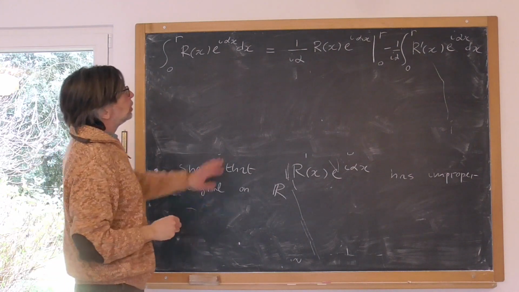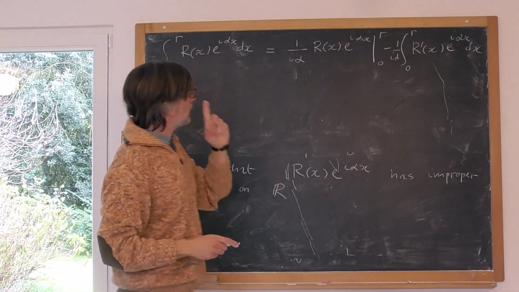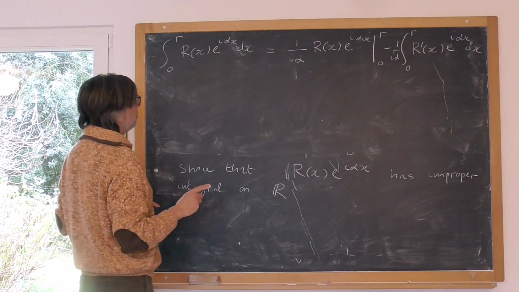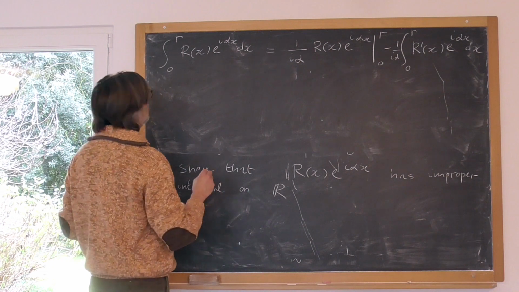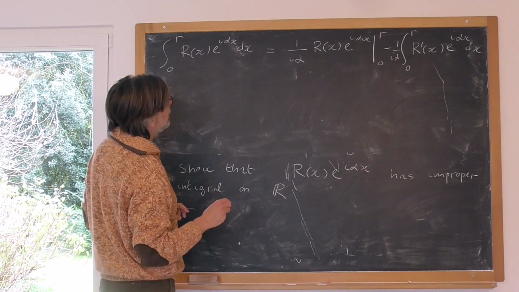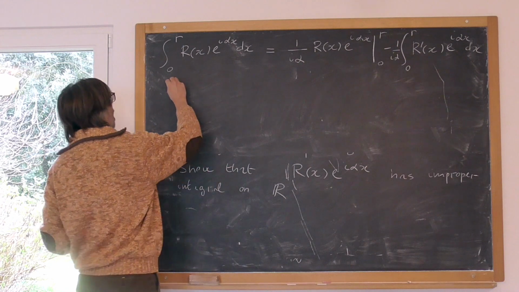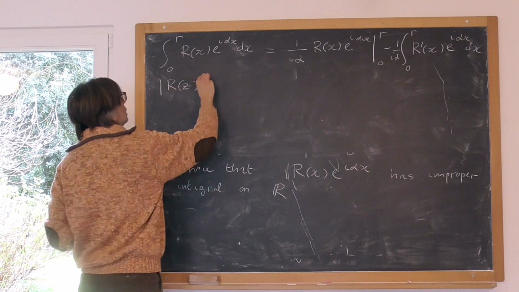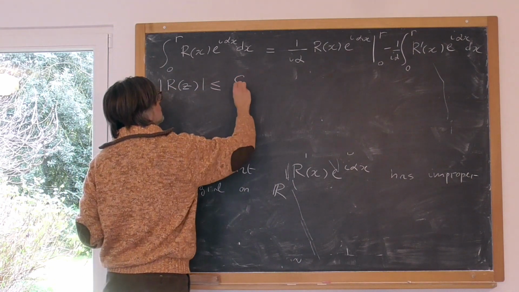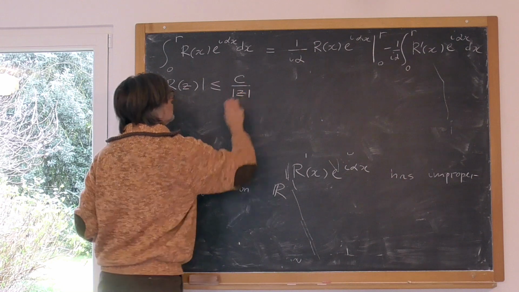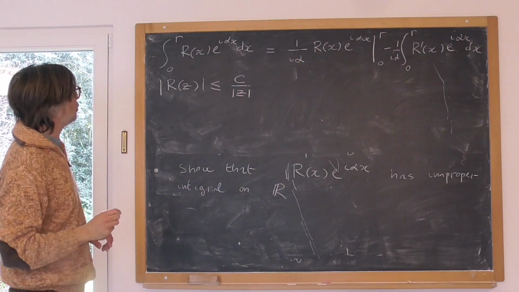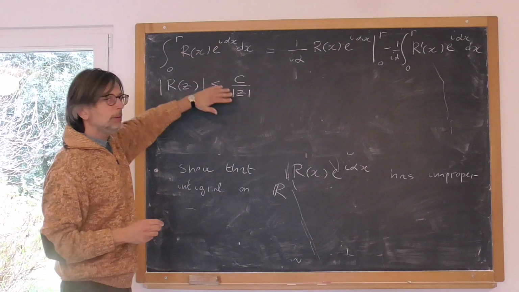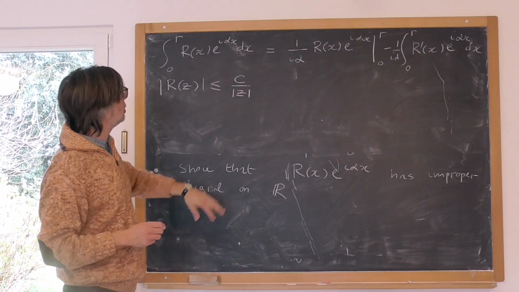Okay, so what have we gained when we integrate by parts? Notice that because of our assumption, the function r has a bound of the form |r(z)| ≤ C divided by |z| for z large, because the degree of the denominator was at least one more than the degree of the numerator.